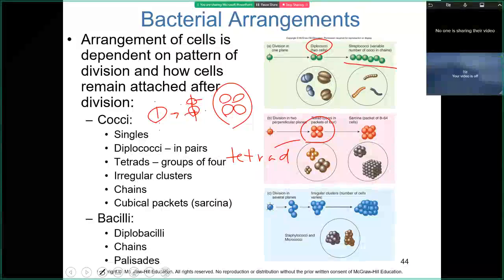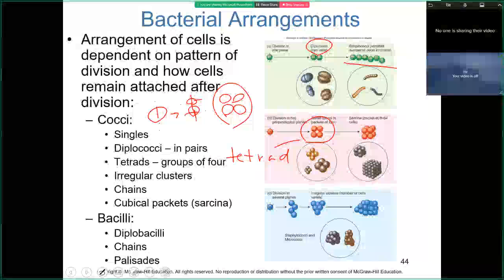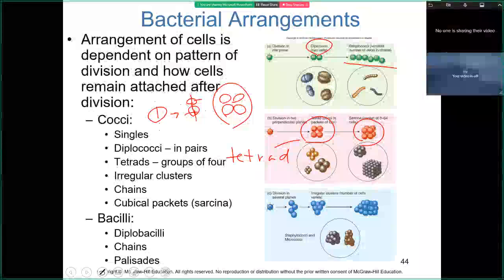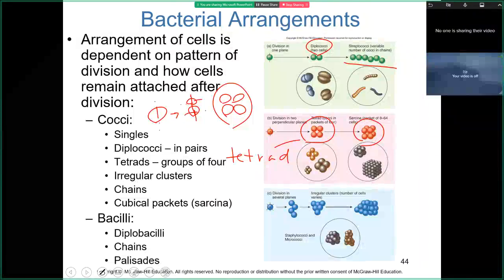And then a variation on that is, instead of a group of 4 laid out in 2 dimensions, you'll have another group of 4 behind that, arising again through division of these cells, and they stay attached. This little cube-like packet, right, that has 6 faces, the cube, is called the Sarcina arrangement.